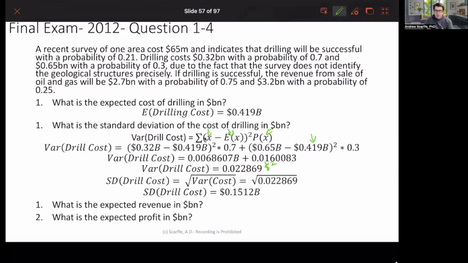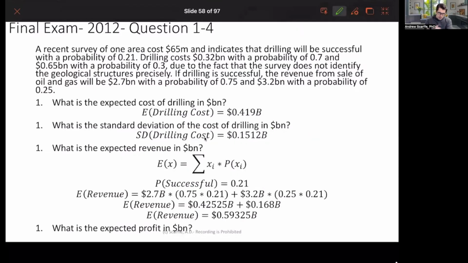We're then asked, what is the expected revenue in billions of dollars? And in this instance, we have to remember that the survey has said that there is only a 21% chance that we actually are successful. So just 2.7 billion times the probability that we can make 2.7 billion, 0.75 times 0.21 plus 3.2 billion times 0.25 times 0.21.